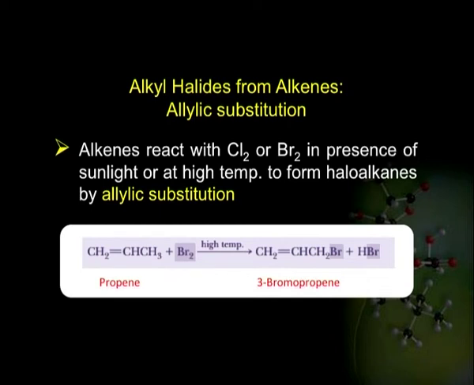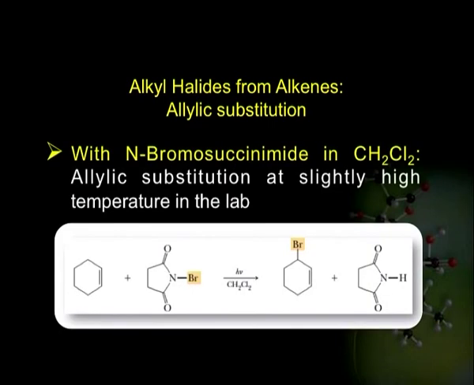So, the method to carry out allylic substitution is by using a molecule like N-bromosuccinimide in dichloromethane, which is responsible for creating a radical, so that the allylic substitution can be carried out.